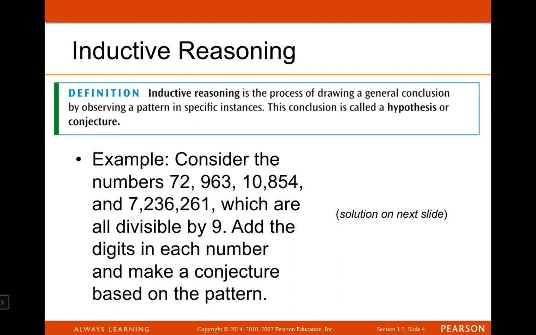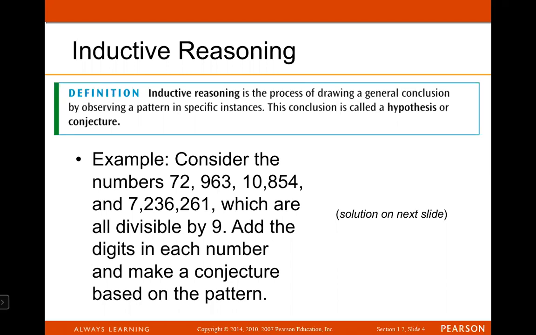An example of inductive reasoning: consider the numbers 72, 963, 10,854, and 7,236,261, which are all divisible by 9. Add the digits in each number and make a conjecture based on the pattern.